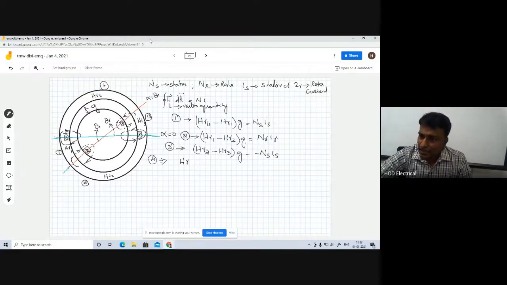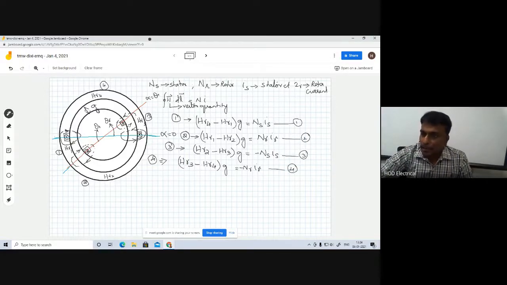Therefore, HR3 minus HR4 in the air gap length is equal to the number of turns in the rotor winding and the current flowing, excited by the rotor. Therefore, NR into IR, but the current direction is away from the board. Therefore, we can write it as minus NR. So now we have equation number 1, equation number 2, equation number 3 and equation number 4.